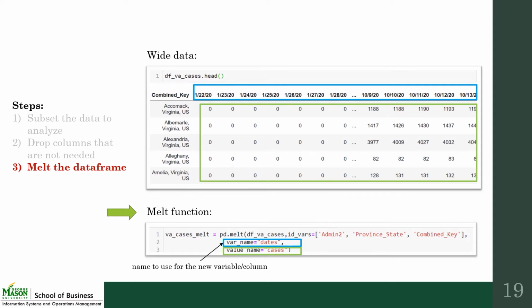The var_name parameter will be assigned the column label for the new reshaped data. And this is going to be the column that will store the wide data column labels inside of it. The last keyword argument, assigned to value_name, will be the new column label that will contain all the values related to the wide column labels.